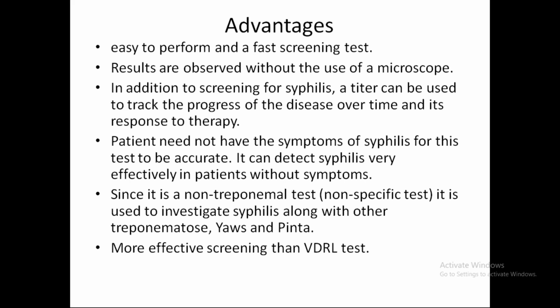In addition to screening for syphilis, the titre can track the progress of the disease over time and its response to therapy. Since it is a non-treponemal test, it is mainly used to indicate syphilis, along with other treponemal diseases such as yaws.